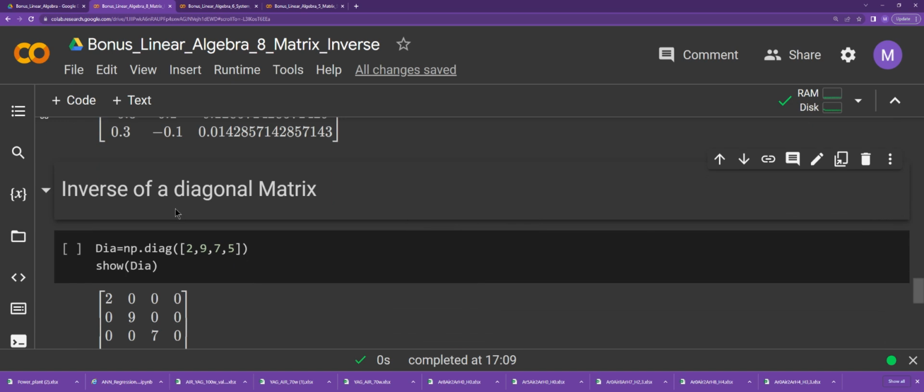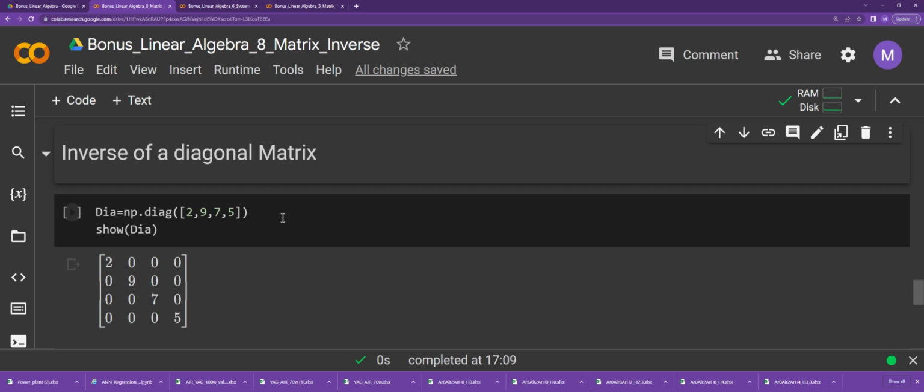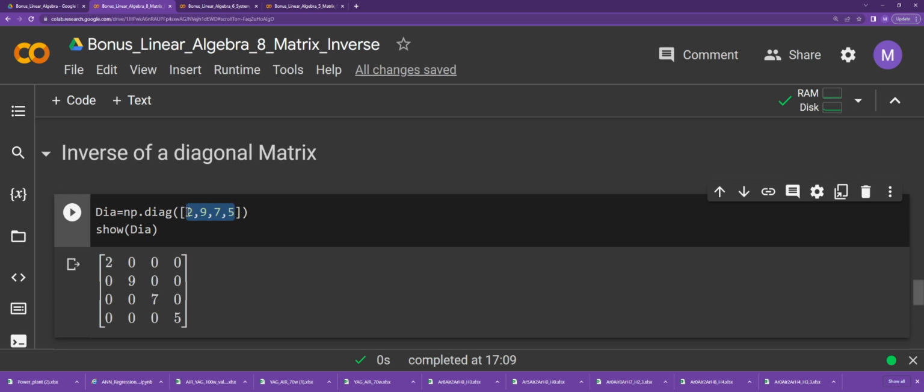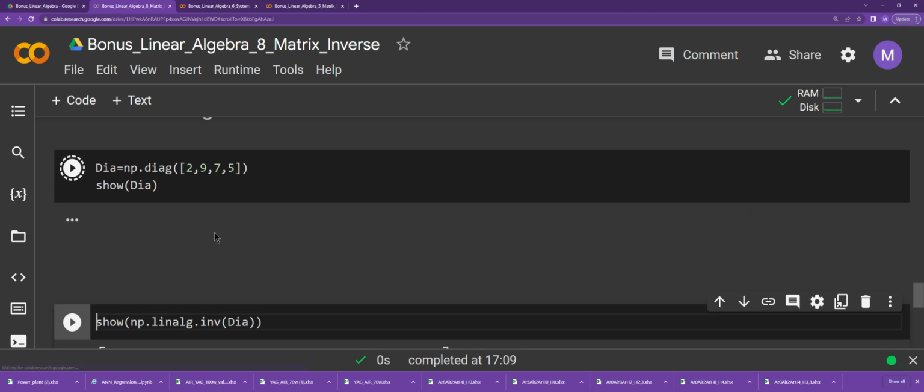Now, another interesting thing to consider. Imagine if you have a diagonal matrix. So I'm making dia equals np.diag of that array. I'm giving an array to the diag function of numpy, and it will convert it into a diagonal matrix for me. We know that.